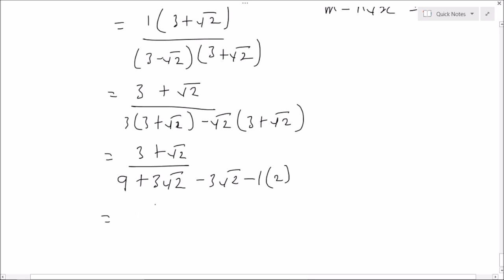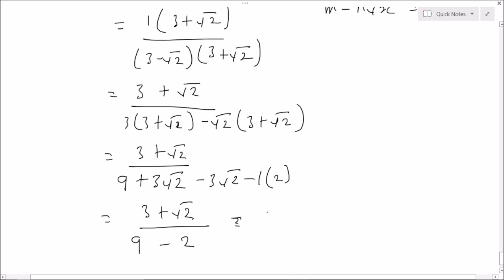Simplifying, this is 3 plus root of 2 over, here we have 9. Positive 3 root 2 minus 3 root 2 will give us 0. So if we ignore that one, then we have minus 1 times 2 is minus 2.